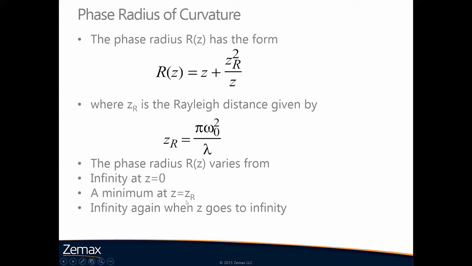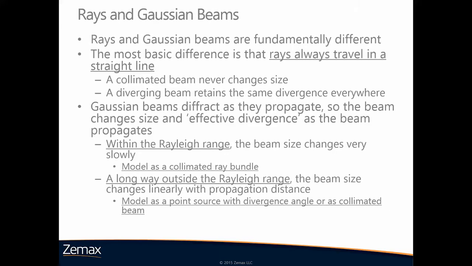This is what makes a Gaussian beam so interesting: as you come to focus, instead of just following the straight lines down to a point focus, the wavefront self-interferes and it prevents a point focus from being formed. As a result, we get the fundamental differences between rays and Gaussian beams.